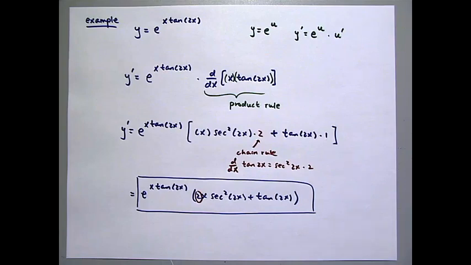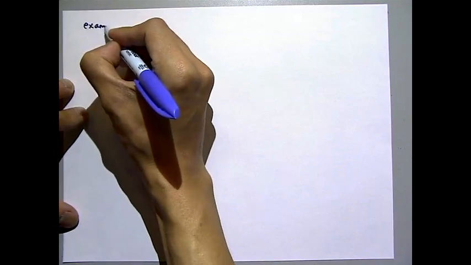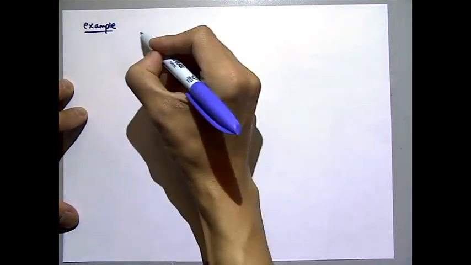Okay, any question on this example? Okay, let's try something interesting here. Last time we took the derivative of e to the x.